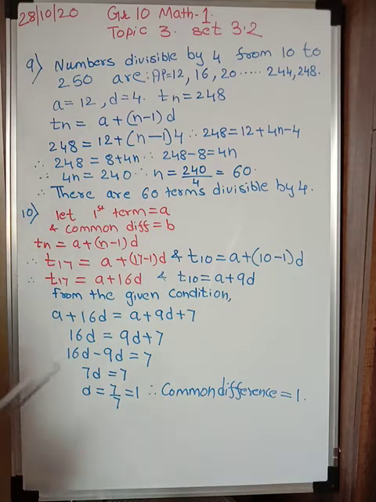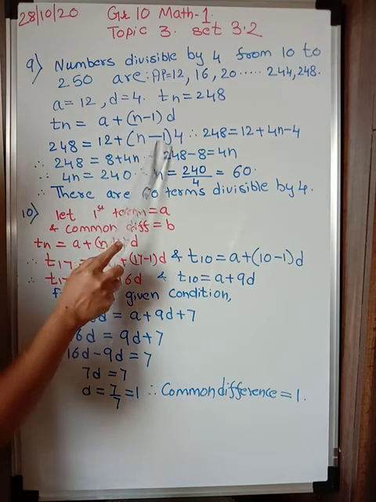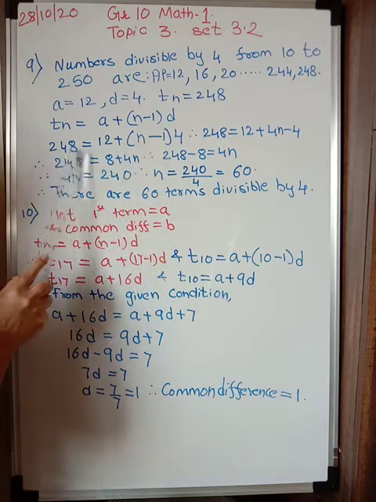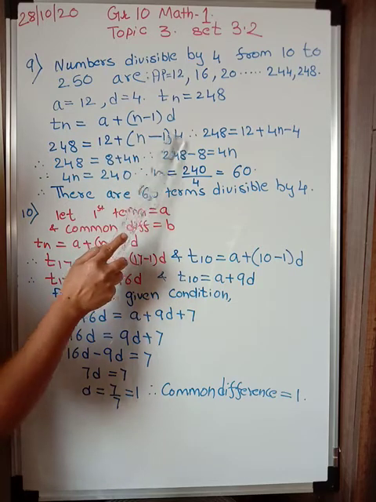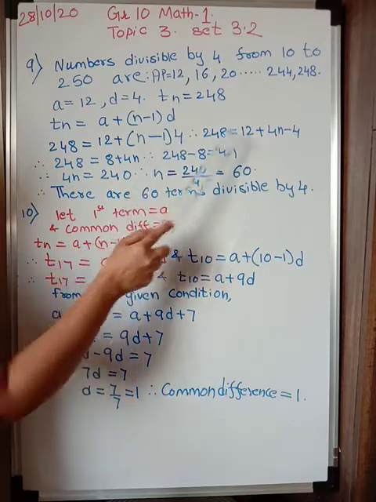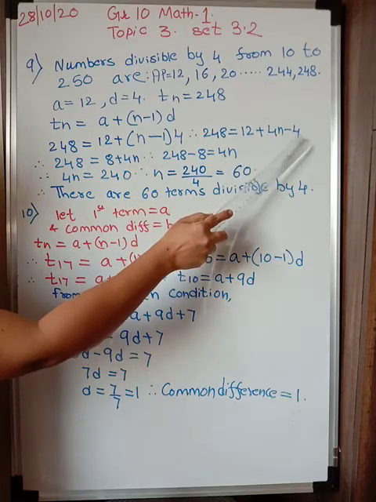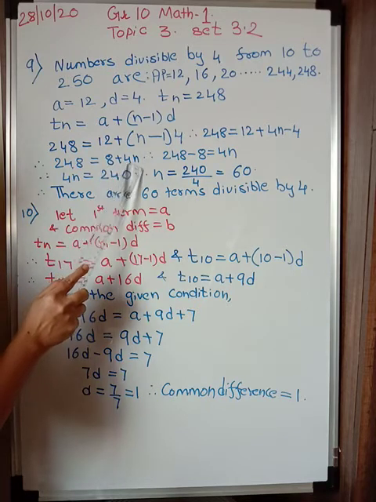Fine. So you have 248 is equal to 12 plus n minus 1 into d, which is 4. 248 is equal to 12 plus n into 4, 4n, 4 into minus 1, minus 4. Now 12 minus 4 is 8. So you have 248 is equal to 8 plus 4n.